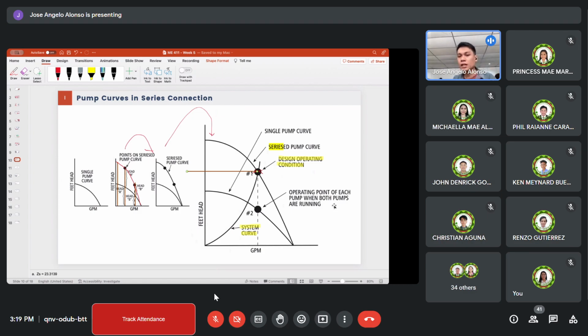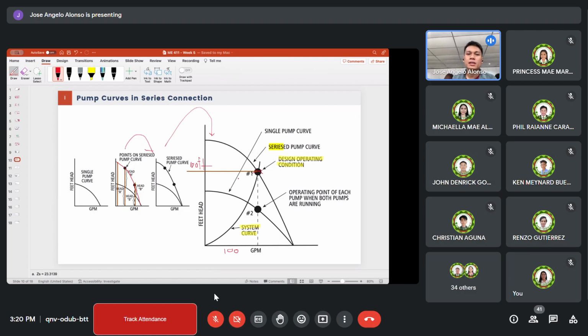So, project nyo lang siya on the left side, then makukuha na natin yung output na head, total head. So, for example, this is 100 gallons per minute. Doon sila nag-intersect, tama? And this will be 100 feet. Assume lang naman, kasi wala namang data pa dito.